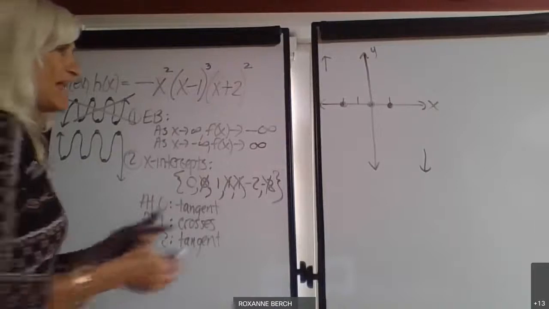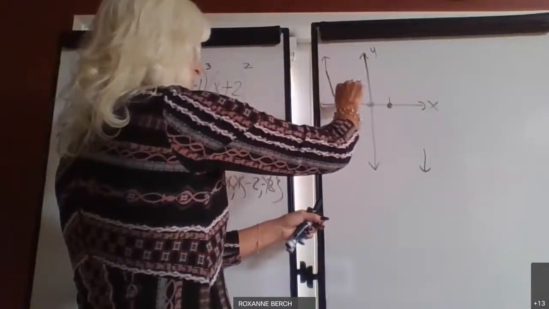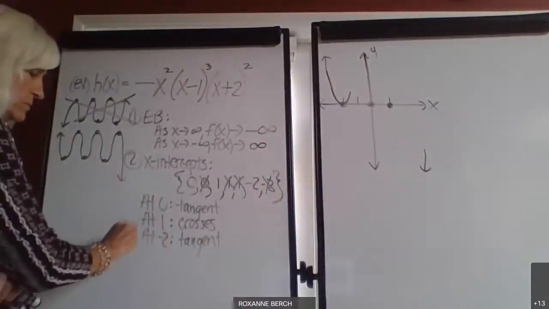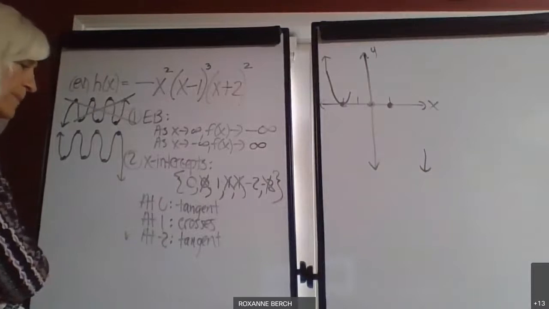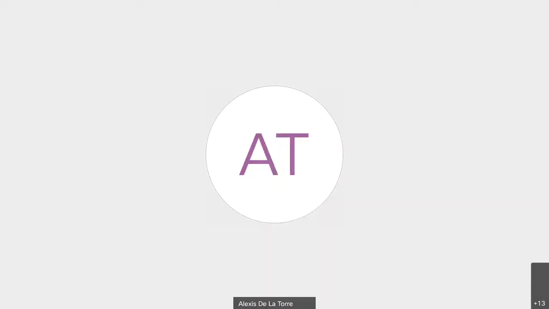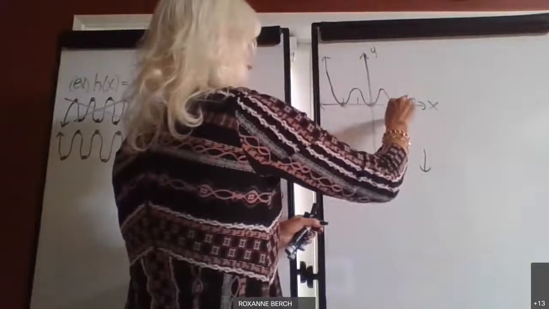So what's happening at negative 2? Tangent. Hello? What's happening at 0? Tangent. What's happening at 1? It crosses.